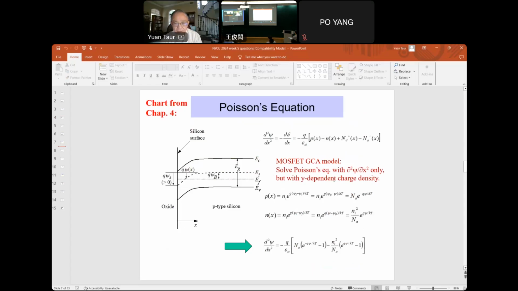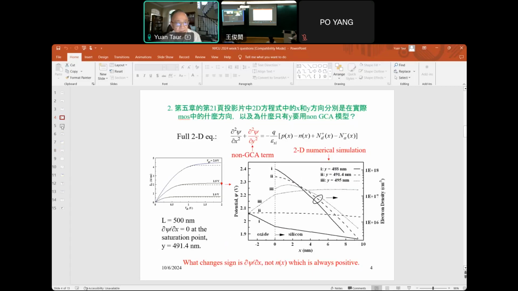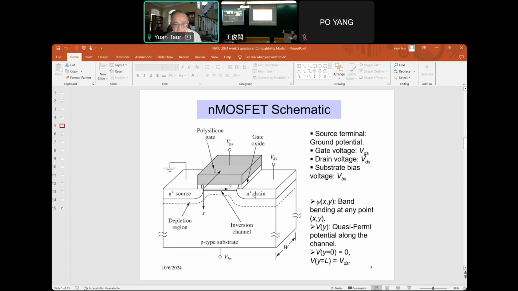But there's one thing about the charge density. Charge density has a dependence on the electron density on V. V is the electron quasi-Fermi level, which changes from the source to drain. V is the quasi-Fermi level, 0 at the source, VDS at the drain.